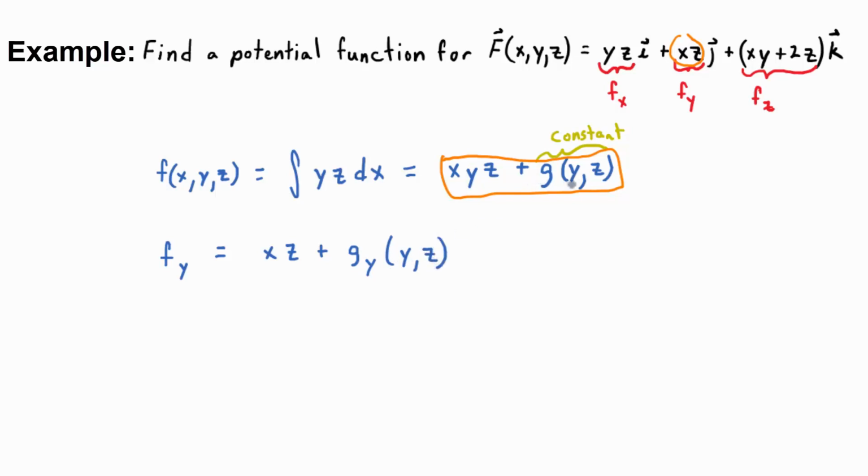So take the derivative of this with respect to y, okay? Then we're going to set it equal to the j component in the vector field, x times z. So make sure you're focusing on the right thing. Now, this equation.